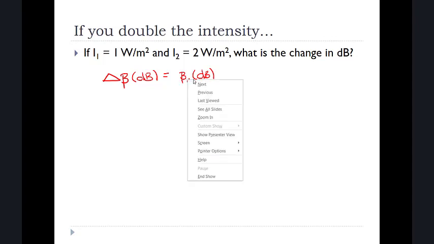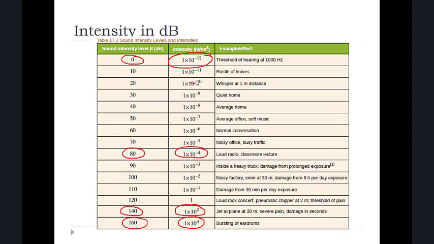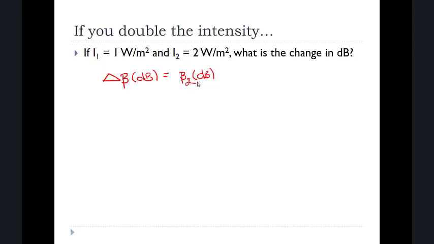So that would be the sound at the doubled intensity, minus the original intensity.